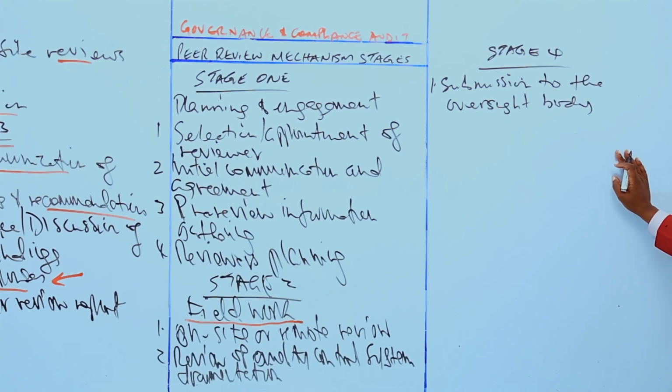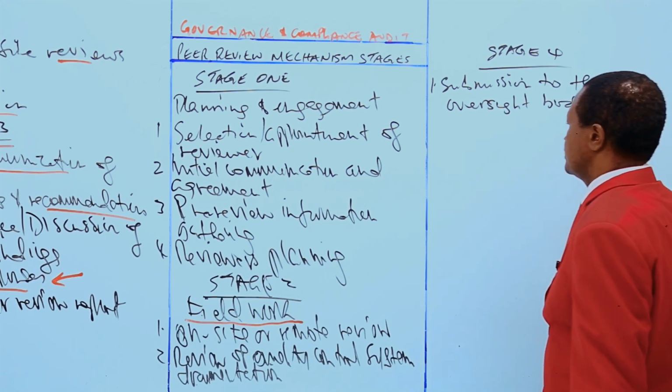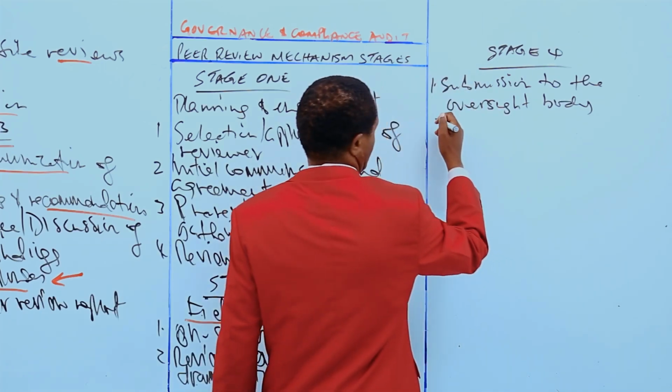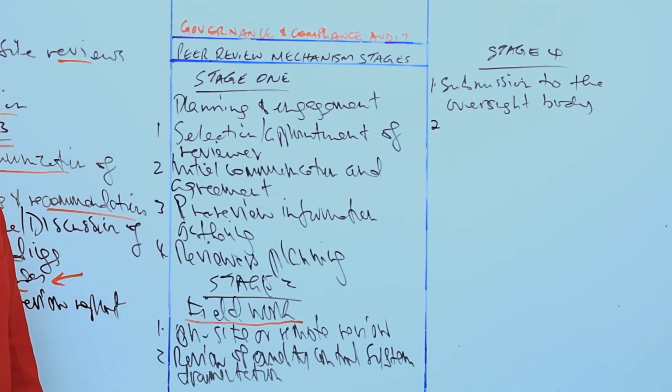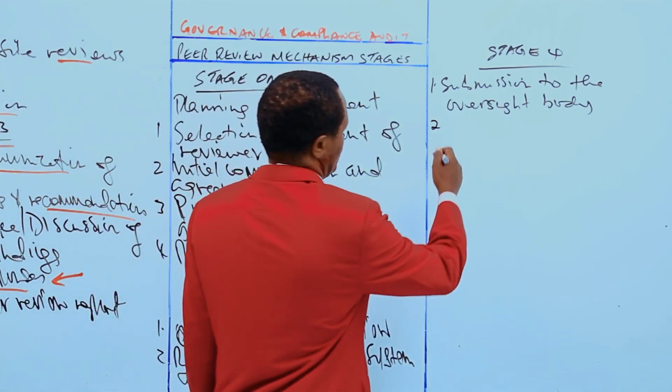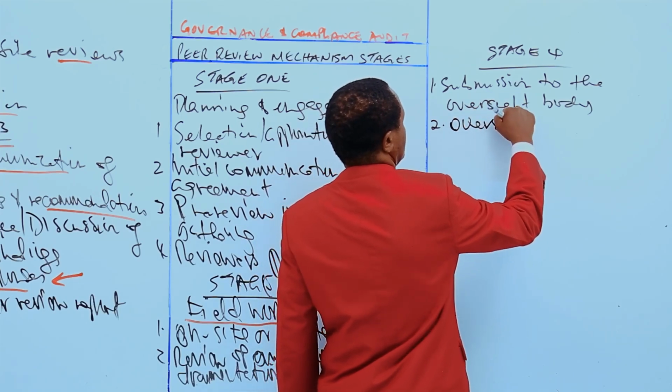The completed peer review report, along with the reviewed entity's response, is submitted to the relevant administering entity. It could be the Institute of Internal Auditors Quality Control Assurance Services and so on. Then after the peer review report is submitted to this oversight body, the oversight body carries out what we call oversight review.